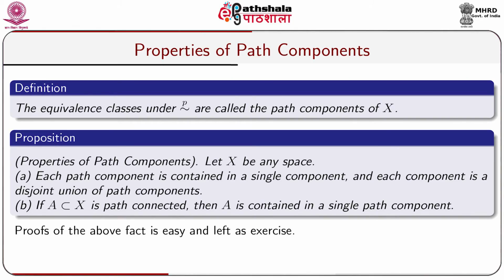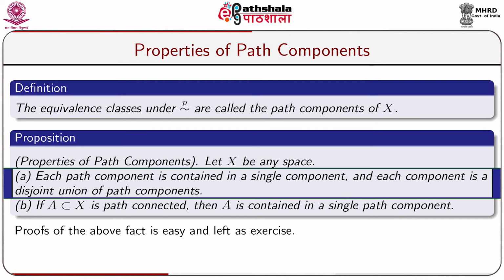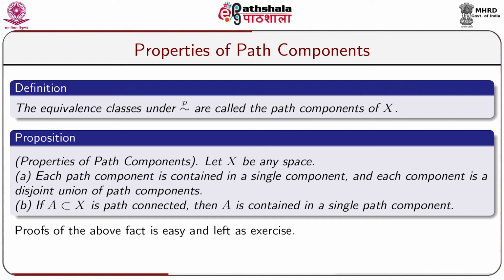We have observed that the path connectivity relation is an equivalence relation. Now, the equivalence classes generated by this relation are called path components. Now let us examine some properties of path components. Let us consider a topological space X, then each path component is contained in a single component.